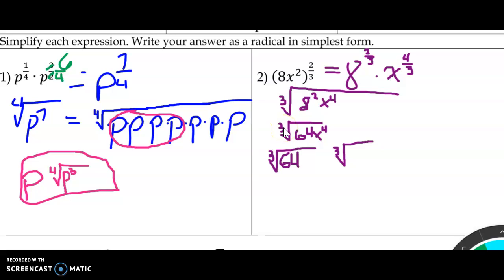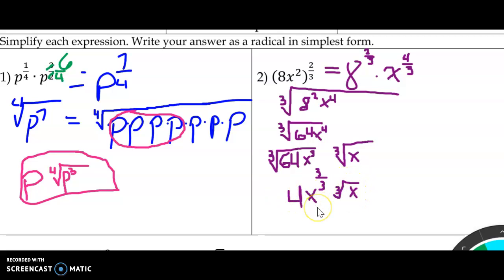It'll give us a remainder, but if we subtract 1, we'll have x cubed, which is, because we subtracted 1, that 1 goes here. So the cube root of 64 is 4, and then x cubed will divide by our index of 3, and then we're left times the cube root of x.